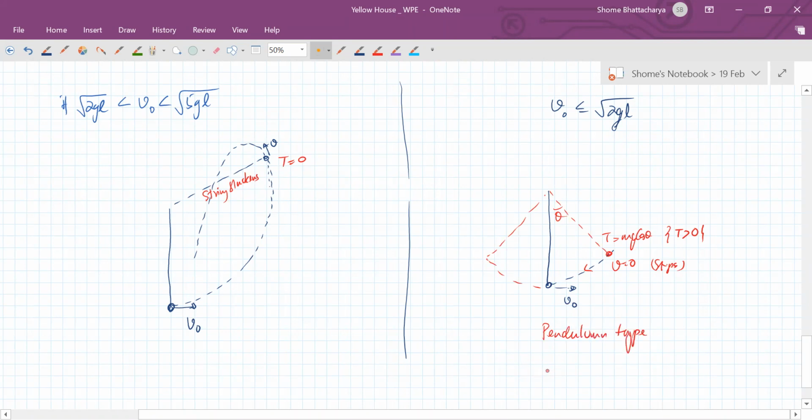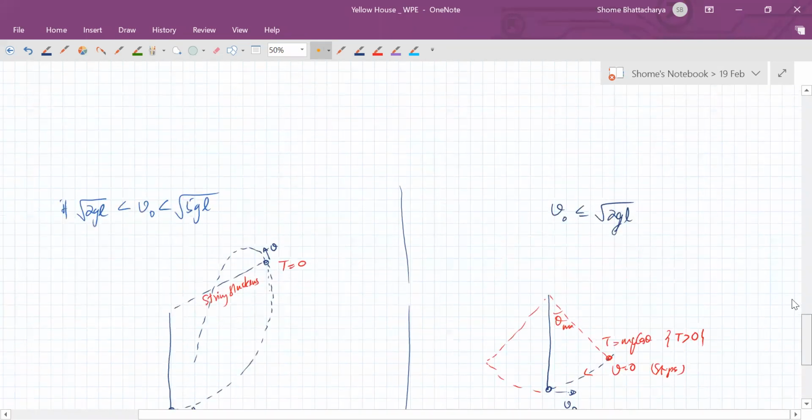So for V naught less than root 2 GL, the maximum angular position is less than 90 degrees. For V naught equal to root 2 GL, the maximum angular position it goes to is equal to 90 degrees. So basically, these are the three possible cases for the vertical circular motion of a particle tied to a string.